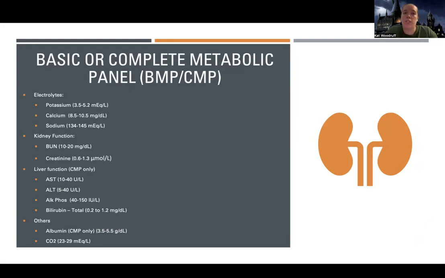Almost the most important question you can ask is, are they peeing? And if so, are they peeing enough? And then also, how are they managing their electrolytes? Because one of the first electrolytes to struggle if your kidneys are in serious trouble and you need dialysis is the potassium. And if potassium gets high, we can have critical heart issues, so we really worry about it.